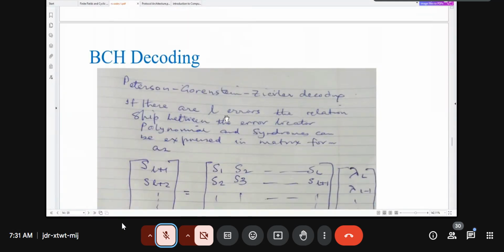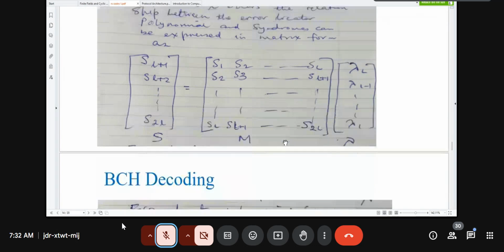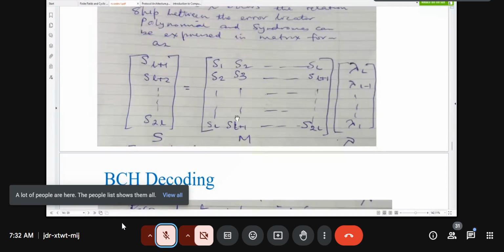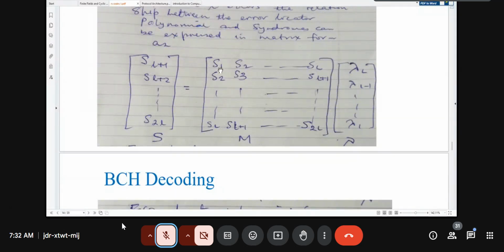So if there are L errors, the relationship between the error locator polynomial and the syndromes can be expressed in matrix form like this. These are the error locators, these are the syndromes, these are also the syndromes. This is a syndrome vector, which we are calling S, and then we have a matrix M, which is simply the syndromes organized in a certain pattern.